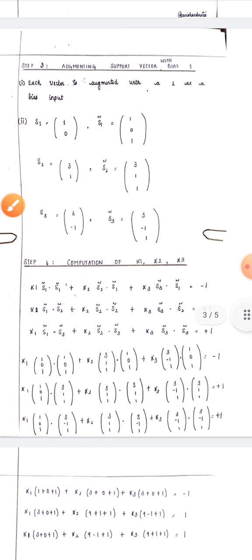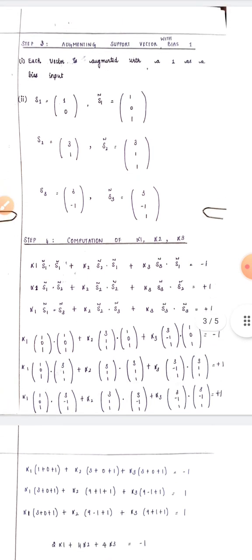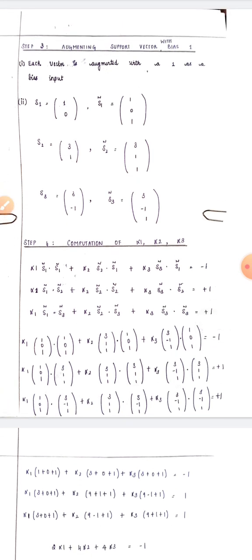So alpha 1 into (1, 0, 1) dot (1, 0, 1) plus alpha 2 (3, 1, 1) dot (1, 0, 1) plus alpha 3 (3, -1, 1) dot (1, 0, 1) is equal to minus 1. Then alpha 1 (1, 0, 1) dot (3, 1, 1) plus alpha 2 (3, 1, 1) dot (3, 1, 1) plus alpha 3 (3, -1, 1) dot (3, 1, 1) is equal to plus 1.